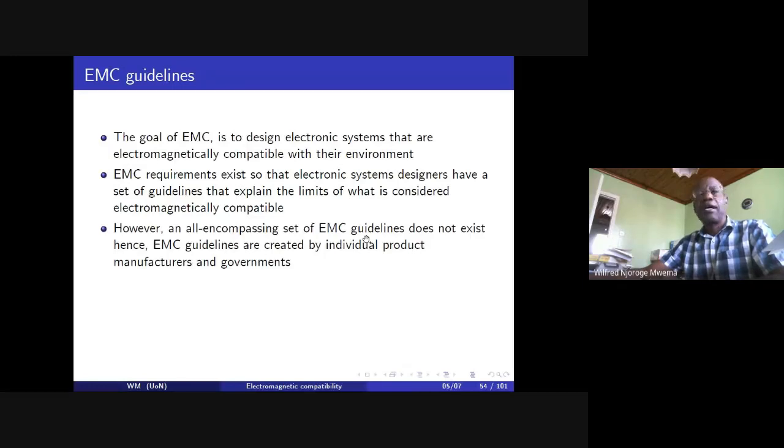However, an all-encompassing set of EMC guidelines does not exist, and therefore EMC guidelines are created by individual product manufacturers and governments. So the requirements are set forth by the government.